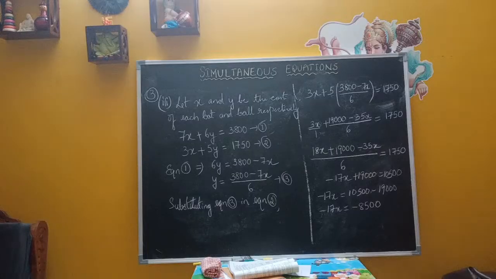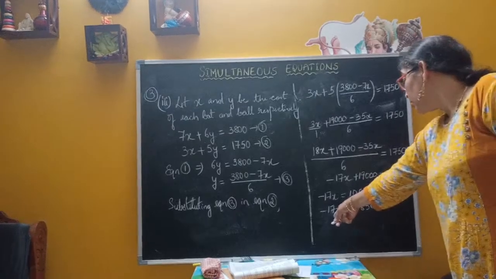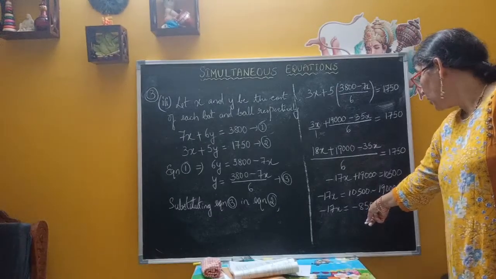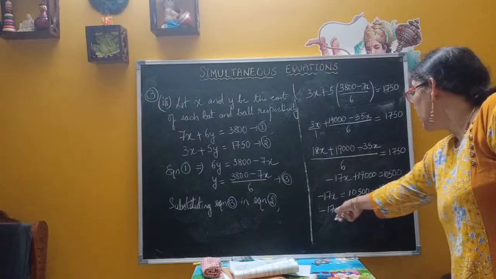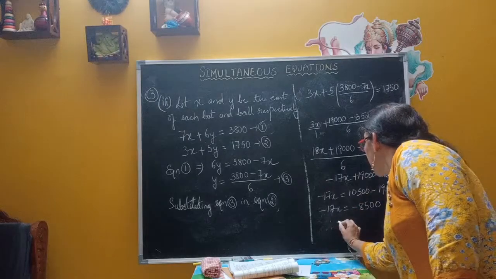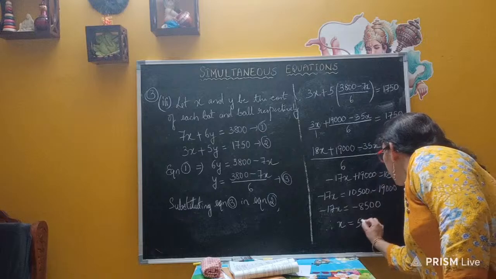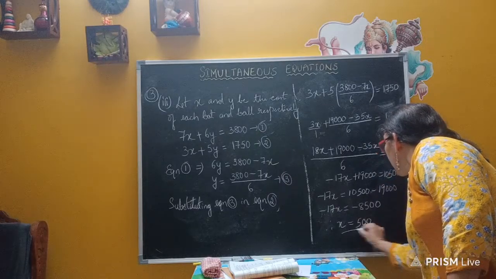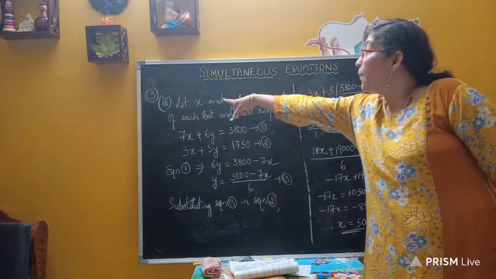So the minus sign gets cancelled. So 17x is equal to 8,500. Therefore x is equal to 8,500 by 17. It is equal to how much? 17 fives are 85, so it is 500. What is this 500? Cost of 1 bat.